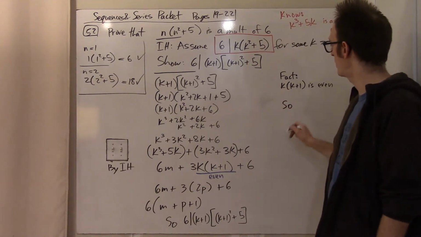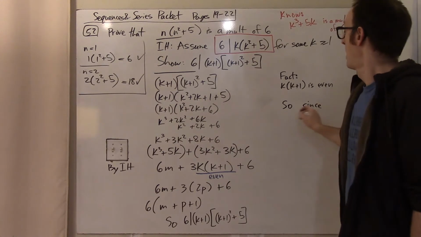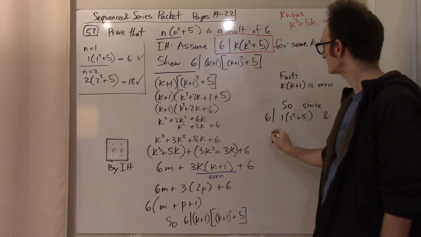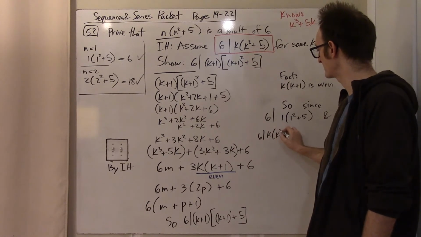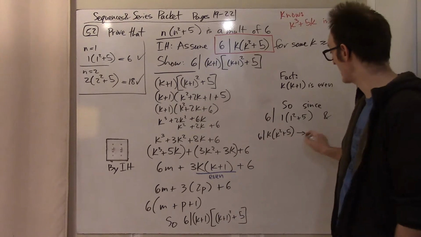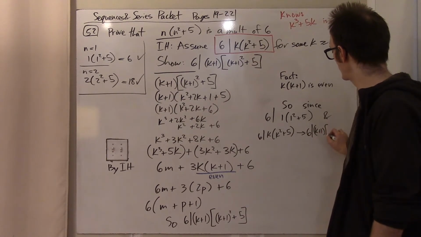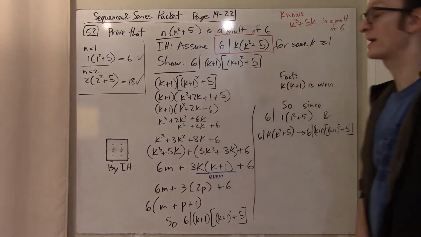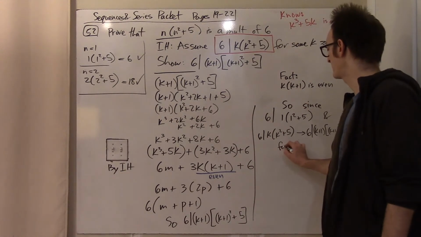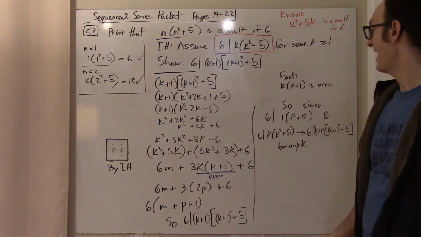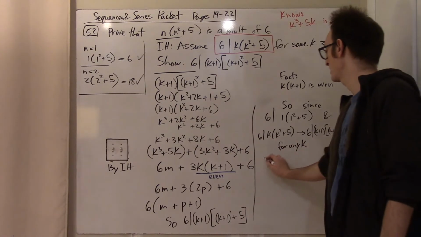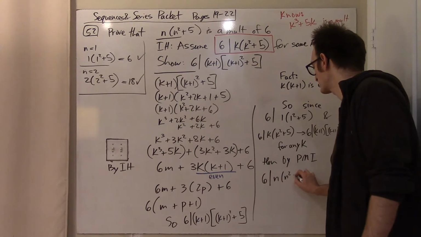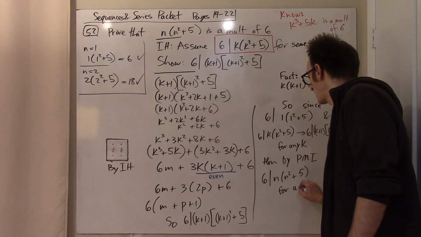Okay, and now we say, so since 1 times 1 squared plus 5 is a multiple of 6, and whenever 6 divides k times k squared plus 5, I can prove from that that 6 divides k plus 1 times k plus 1 squared plus 5, I'm just making my closing remark now: if this is true for 1, and whenever it's true for a number, it's true for the next number, then by the principle of mathematical induction, 6 divides n times n squared plus 5 for all n greater than or equal to 1.